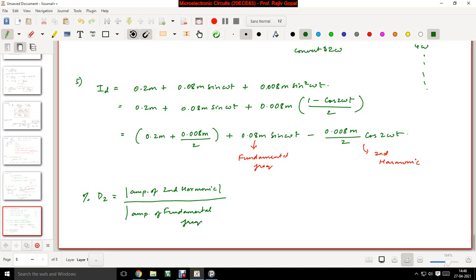So from here you should straight away tell. This is 0.008 milli divided by 2 by 0.08. From this you will get 0.05. So it is just 5%. That's it. I hope it is clear.